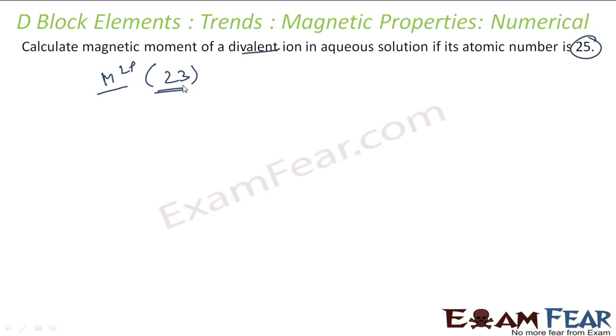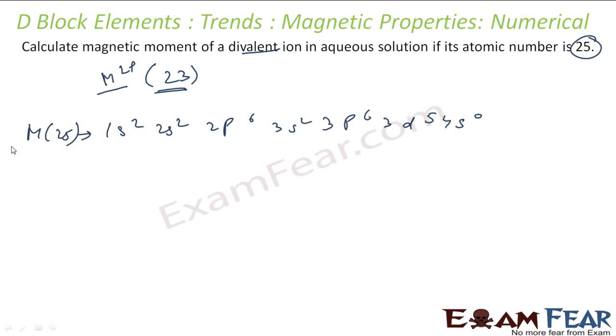First write the electronic configuration of M: for 25, 1s2, 2s2, 2p6, 3s2, 3p6, 3d5, 4s2. That is manganese.